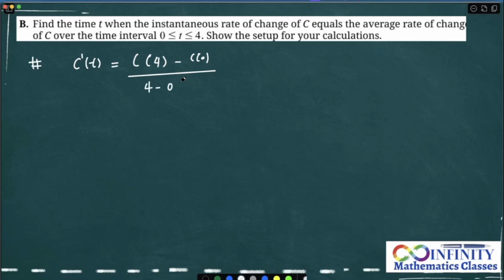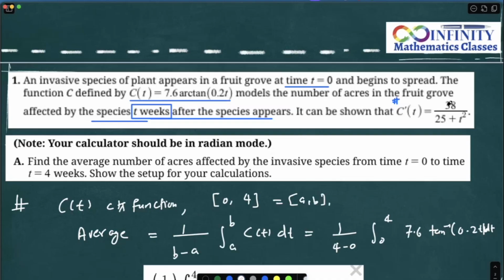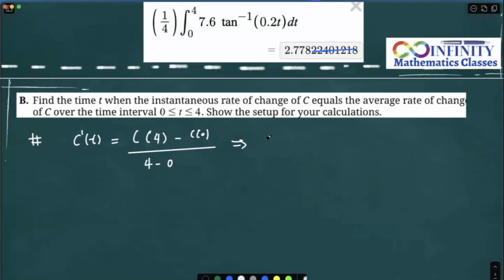On the left-hand side, you have the instantaneous rate of change. Like we had, the derivative C'(t) is 38 over 25 plus t square. So I'm writing 38 in the numerator, 25 plus t square. Can you please check? This is the same thing.